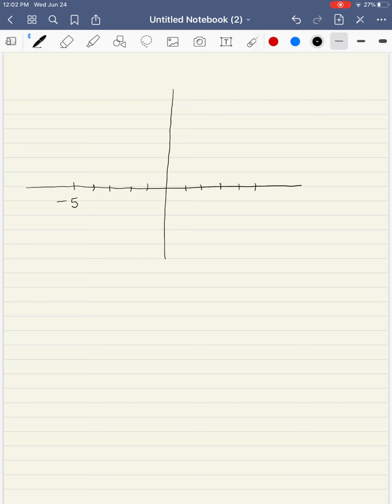And we know that this graph crosses the x-axis at negative 5, at 1, and at 3.